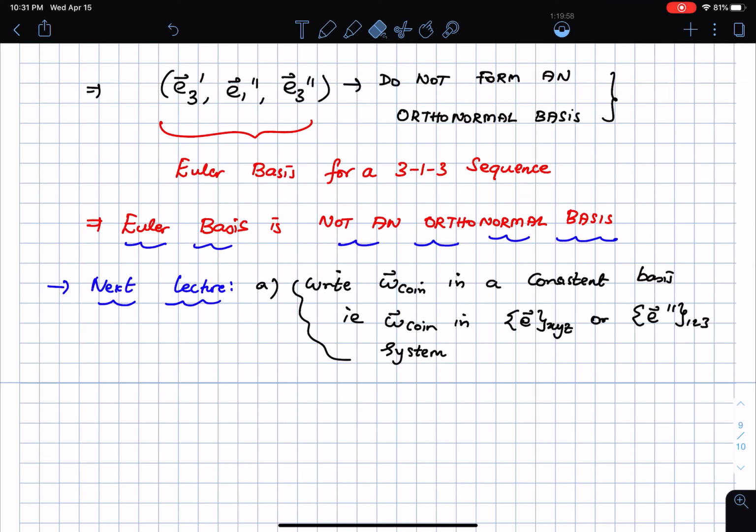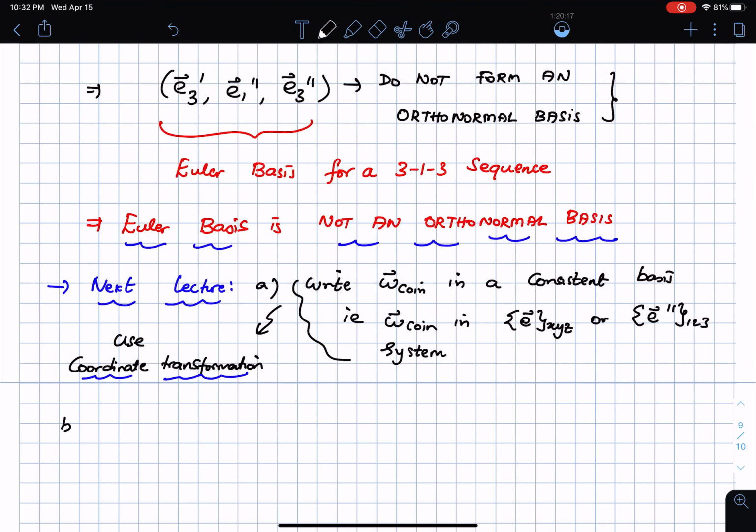This will be done by using coordinate transformation, or the rotation matrices that we have obtained in the above set of things.